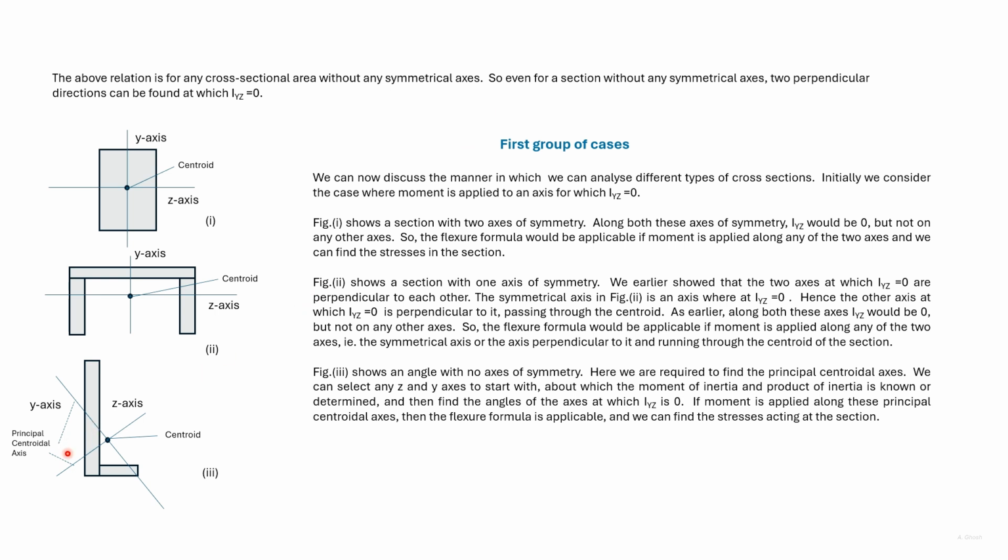In this case, we know the centroid only to start with. Now we can choose any y and z axis and find out the moment of inertia and the product of inertia for that set of axes. We can then find out the rotation that is needed to move to the axis which has I_yz equal to 0.